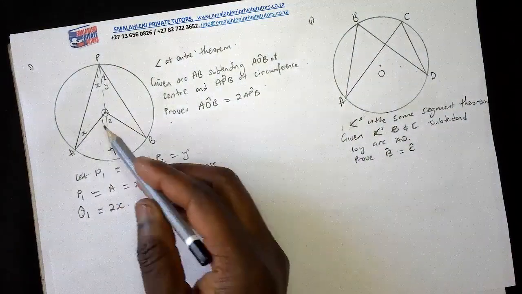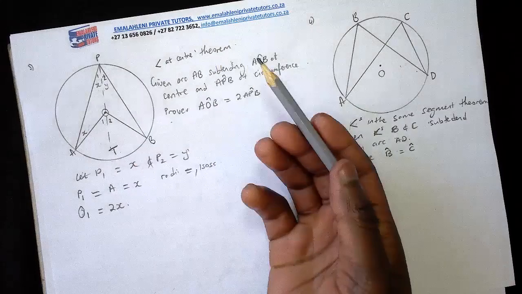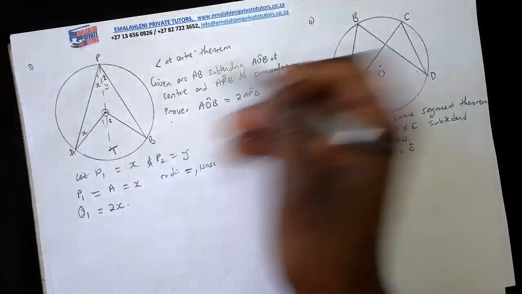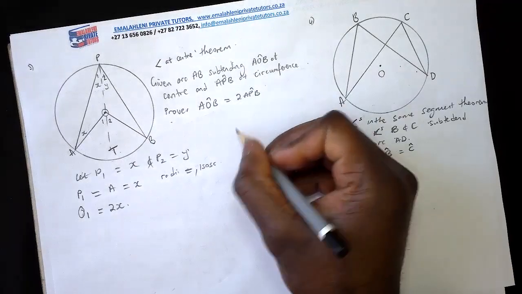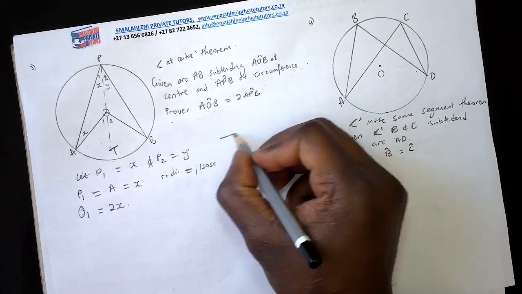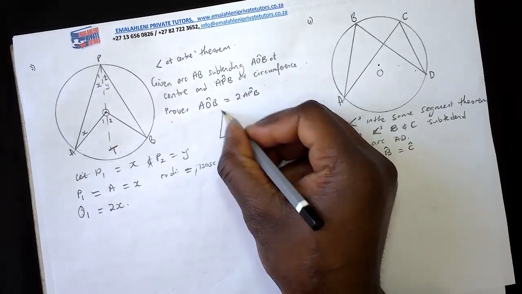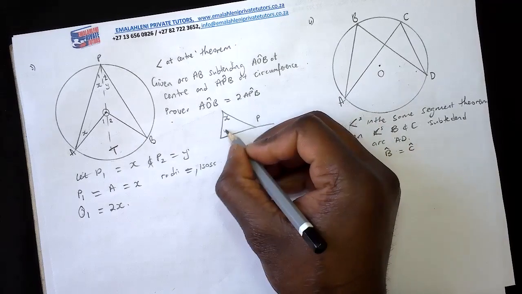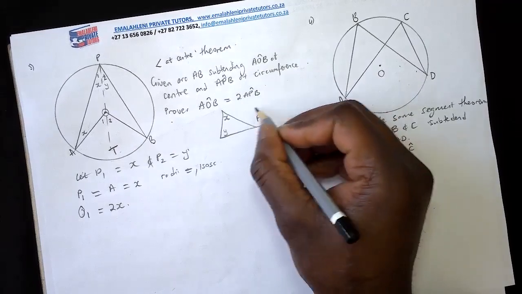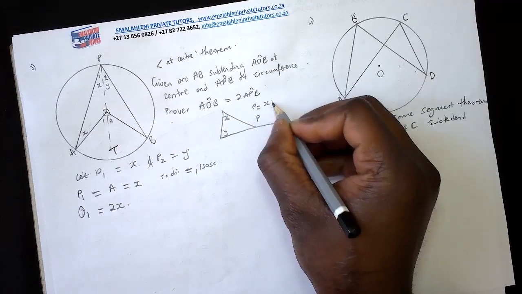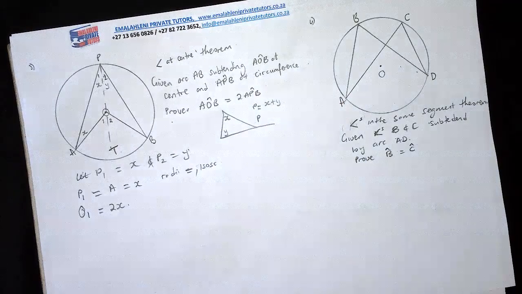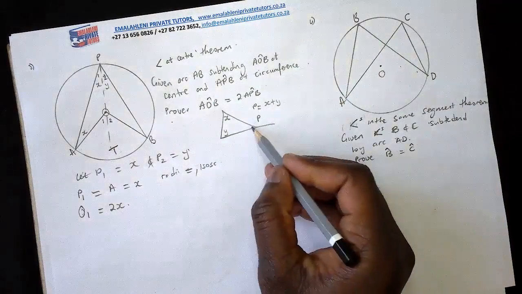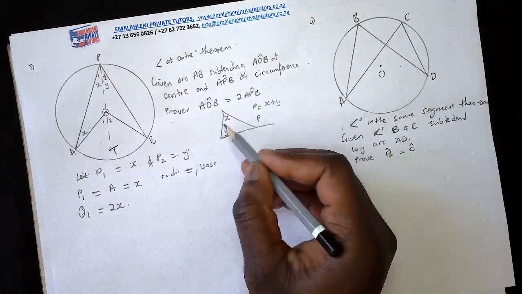Now, when we have got 2x there, it means that's what we have there. So for this part here, remember what we said for the triangle: if we have a triangle like this, you must remember this theorem, guys. If we have got P here, we've got x here, we've got y here, this P is equal to x plus y. That's what we mean by this. Because this is a straight line, it must give you 180, and this is a triangle, it must also give you 180.